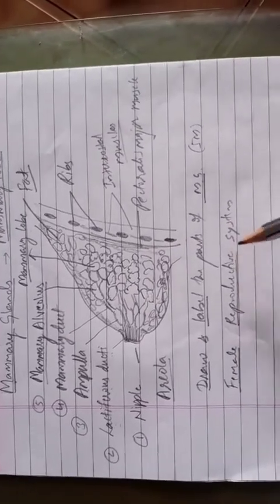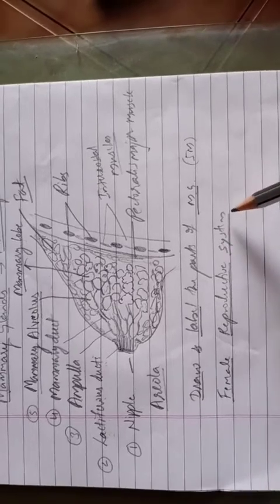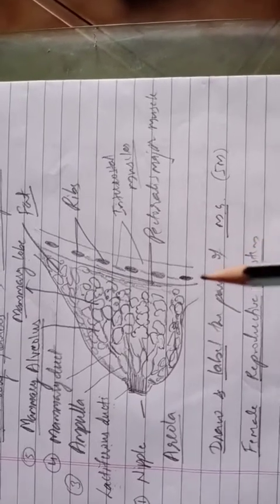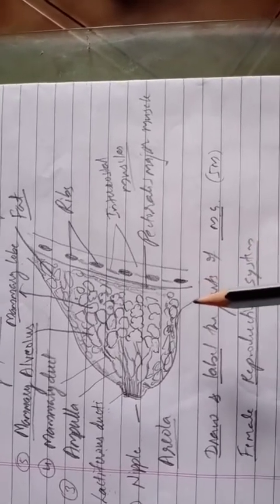Because after delivery, these glands start producing milk and feeding the young one. So practicing the diagram is very important.